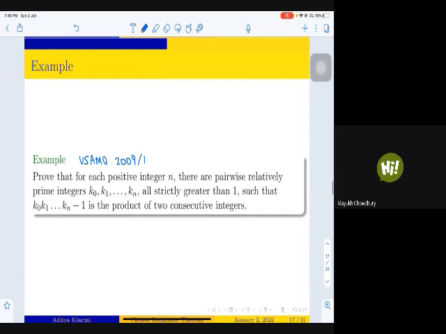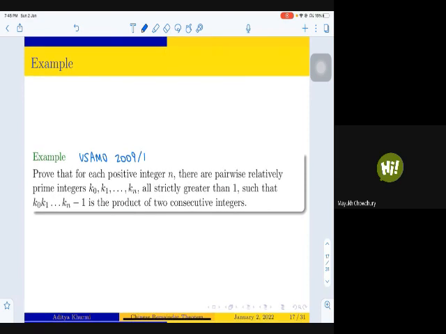Problem 1. Prove that for each positive integer n, there are pairwise relatively prime integers k0 till kn, all strictly greater than 1, such that this thing is the product of two consecutive integers. If you look at the problem, you can't even smell the Chinese remainder theorem being involved unless you start thinking a bit.